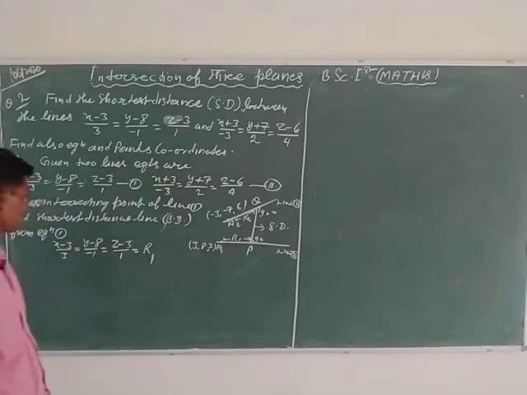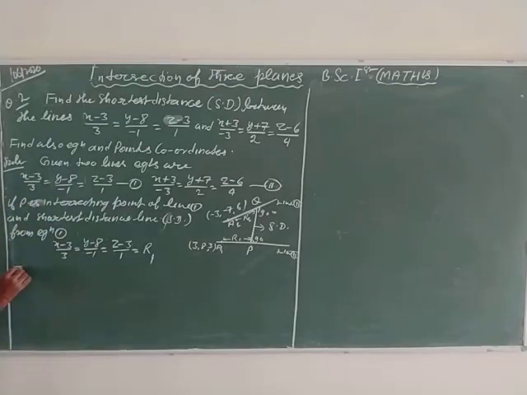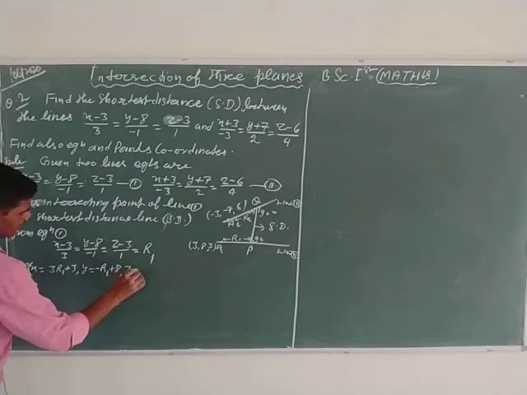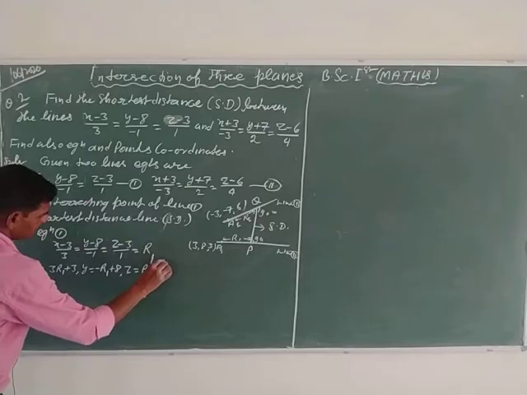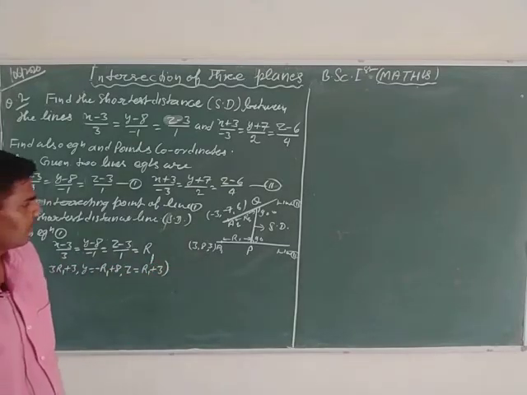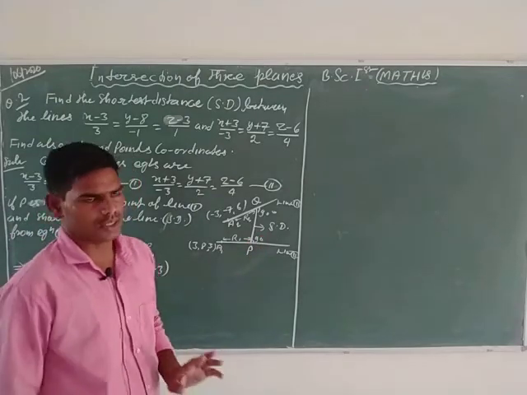Simplifying these ratios, the coordinates of P are x equals 3R1 plus 3, y equals minus R1 plus 8, and z equals R1 plus 3. These are the coordinates of the first intersecting point of the shortest distance and line first.